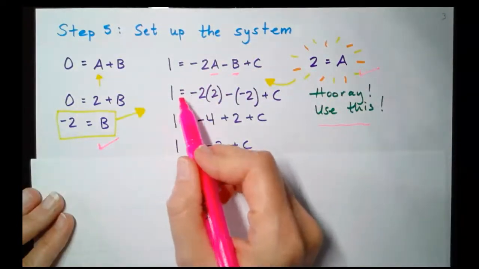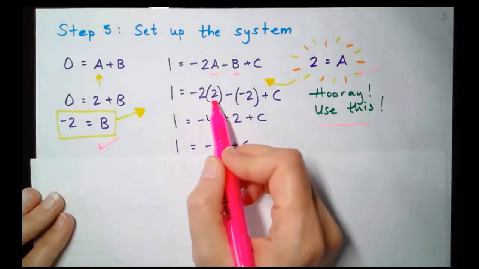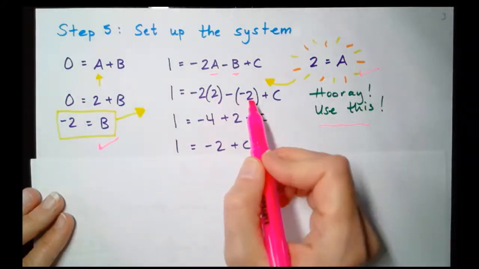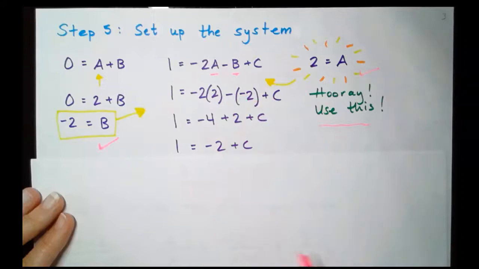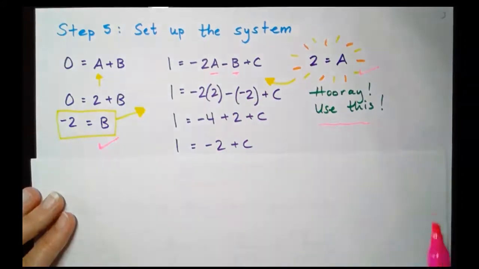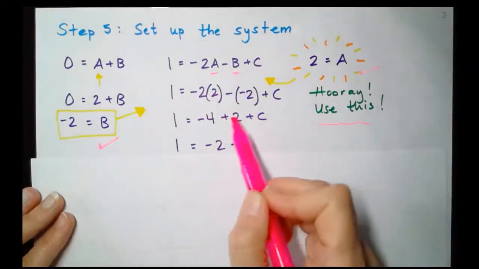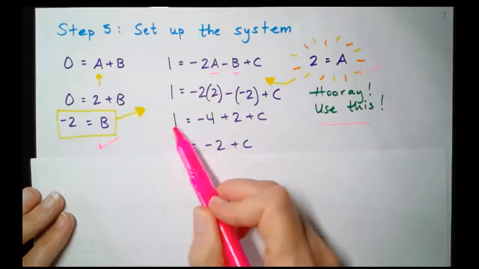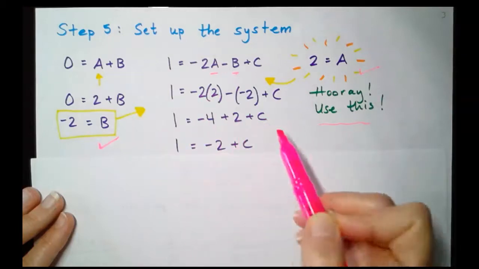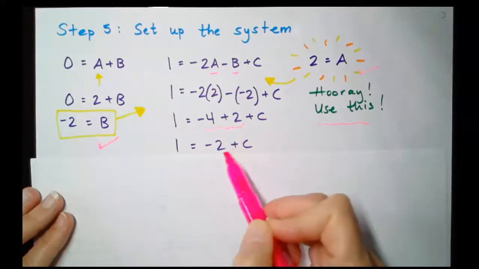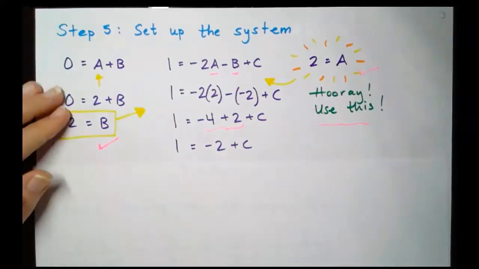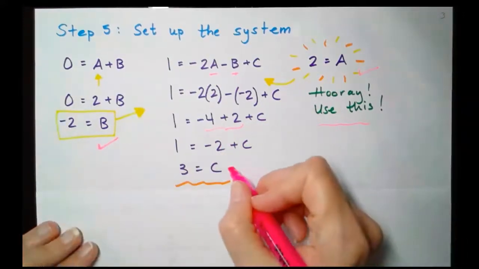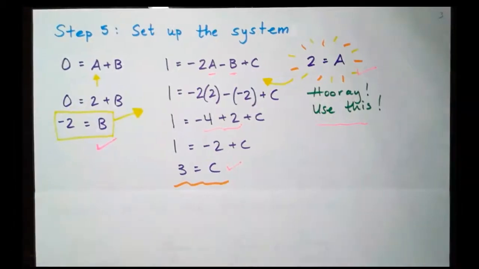So 1 minus negative 2 times 2 minus negative 2 plus c. Follow order of operations carefully. There's a negative 4, there's a positive 2. 1 equals negative 4 plus 2 plus c. Negative 4 plus 2 is negative 2. Add 2 to both sides. We see that c is equal to 3.